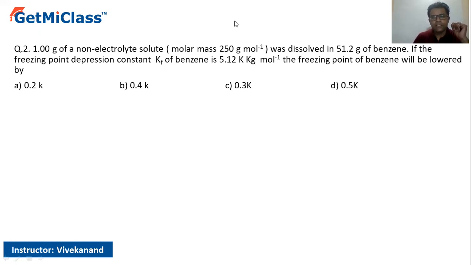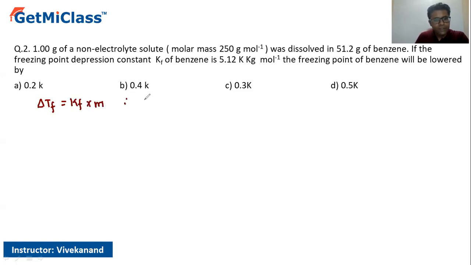All right. So first, let's take into consideration the formula for the depression in the freezing point. That is going to be the delta Tf, and that is going to be equal to Kf into m, right?